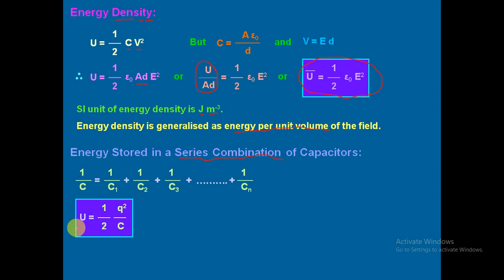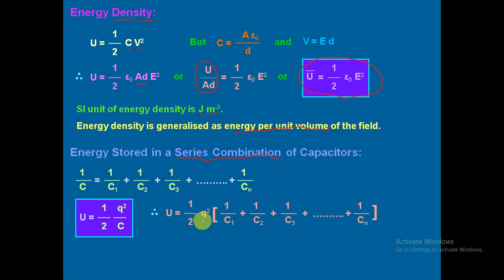So it's better to write the expression of the energy in terms of the 1 over C expression. Here C is the equivalent capacitance of the combination when the capacitors are connected in series. So 1 over C can be replaced by 1 over C1 plus 1 over C2 plus 1 over C3 and so on. So we can separate all these terms. What will you get?